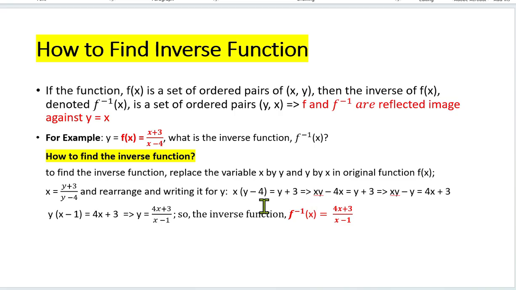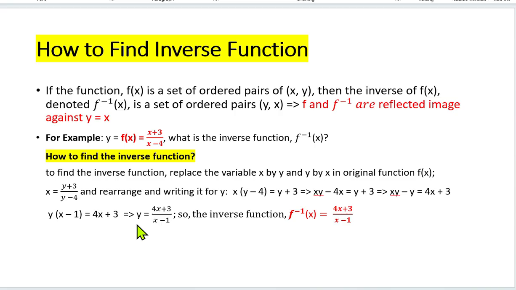Then we simplify this in terms of y. So xy minus 4x minus y equals 4x plus 3... rather, xy minus y equals 4x plus 3. So y taken out as a common factor: y times (x minus 1) equals 4x plus 3.